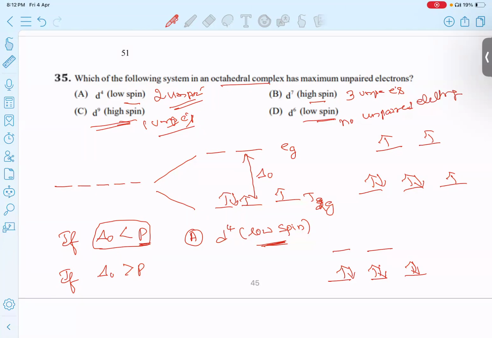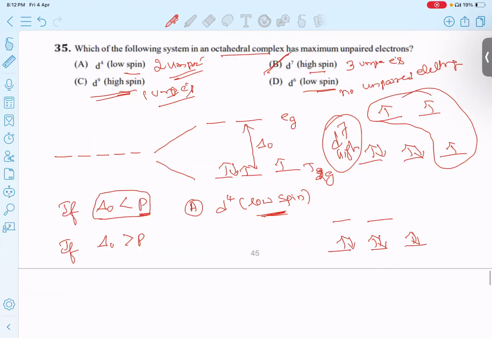So d7 contains three unpaired electrons. This is the d7 high spin complex. A high spin complex contains more unpaired electrons. Therefore, for question number 35, the option is B.